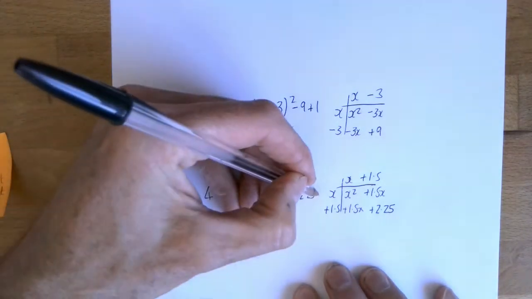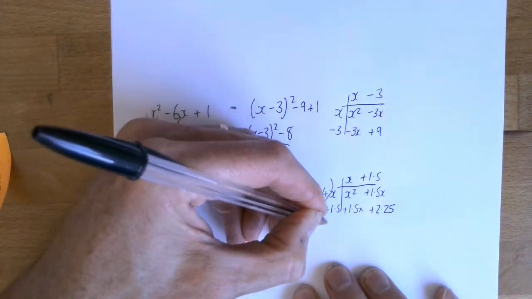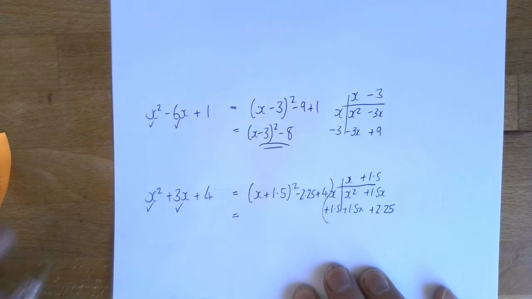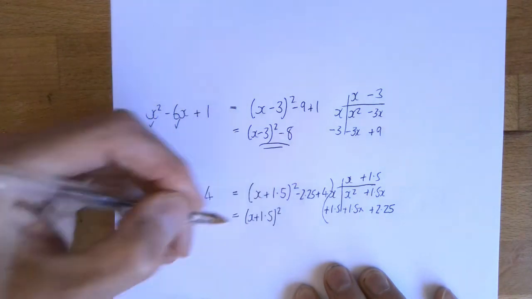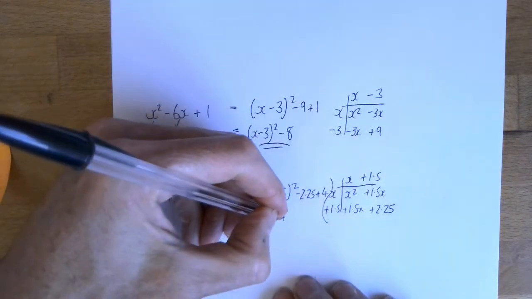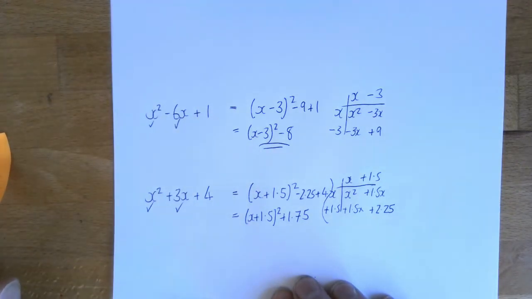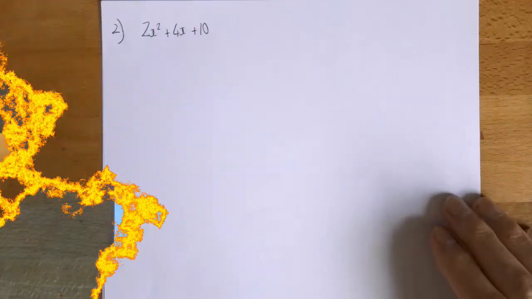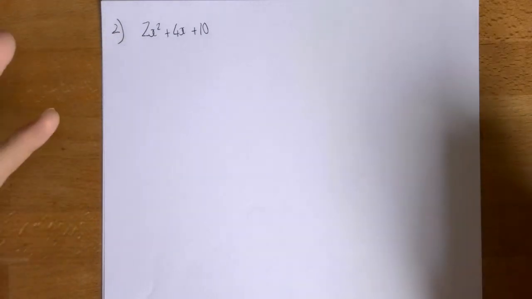I also need to add 4, so I get x plus 1.5 squared minus 2.25, but then plus 4, I reckon that's 1.75.